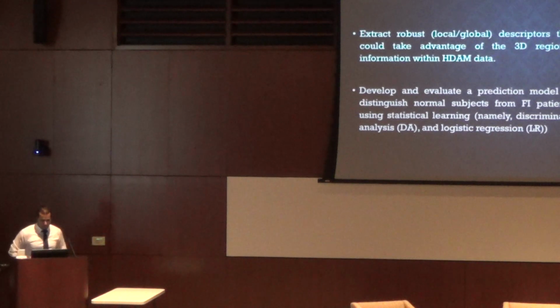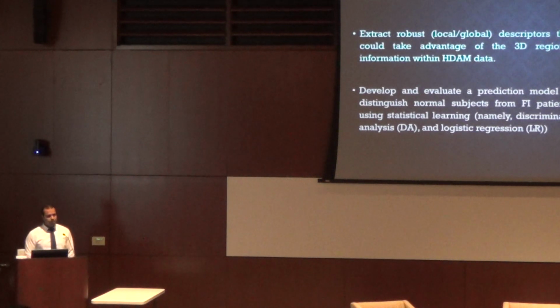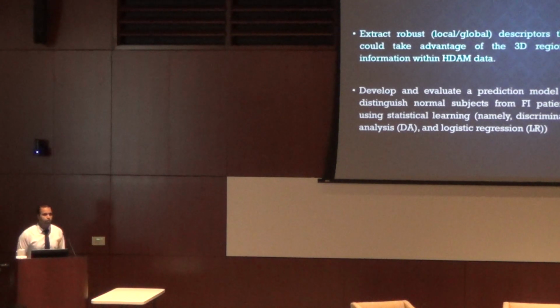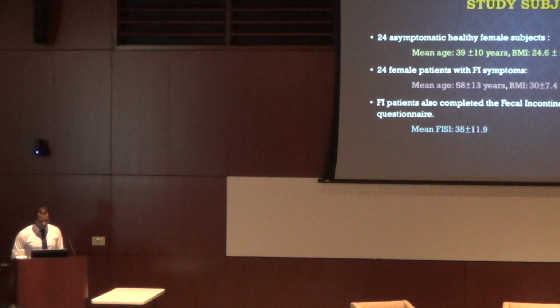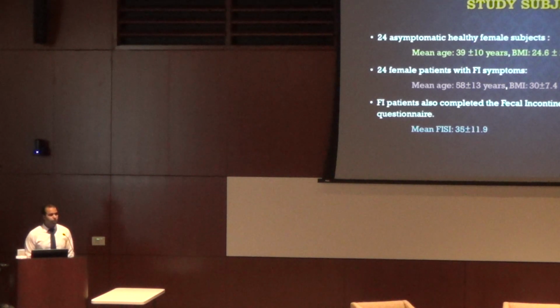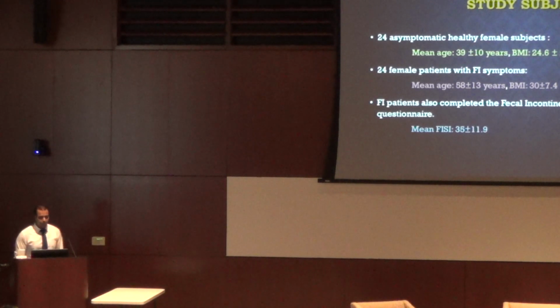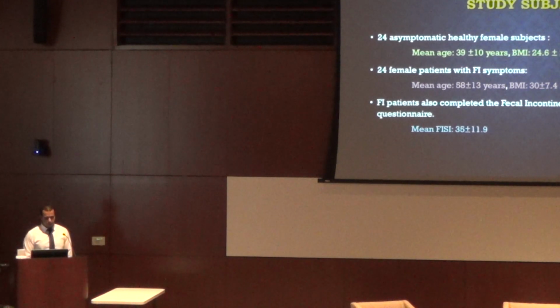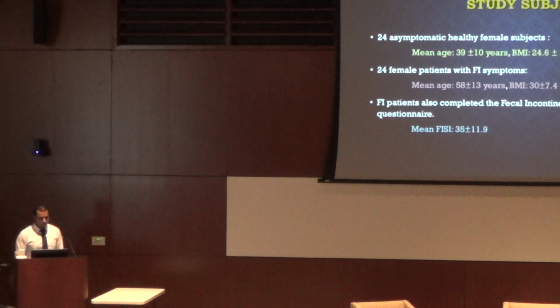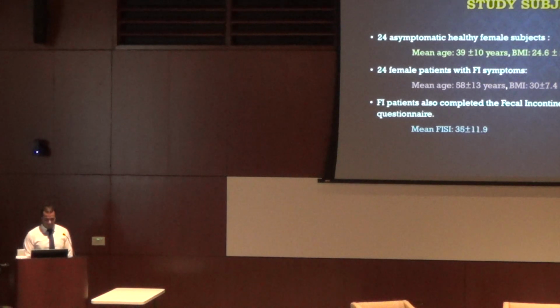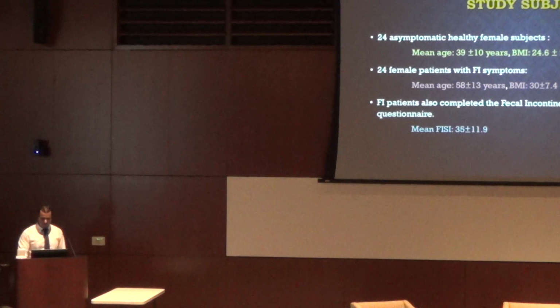Could we develop and evaluate a prediction model for fecal incontinence that could robustly differentiate normals from patients using statistical learning? For the study subjects, we recruited 24 nulliparous women, age 39 plus or minus 10 years. For the FI group, the mean age was 58 plus or minus 13, with a mean fecal incontinence severity index score of 35 plus or minus 11.